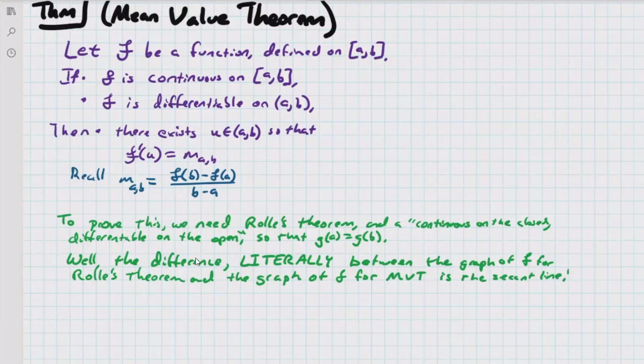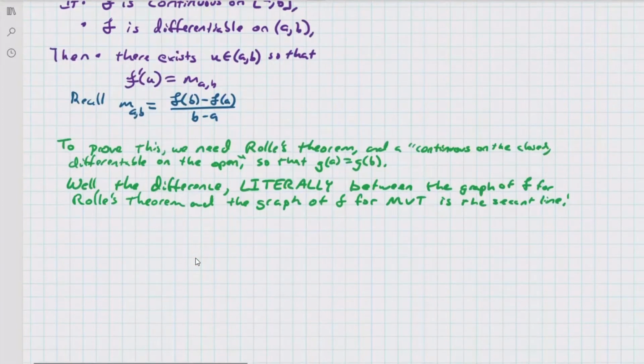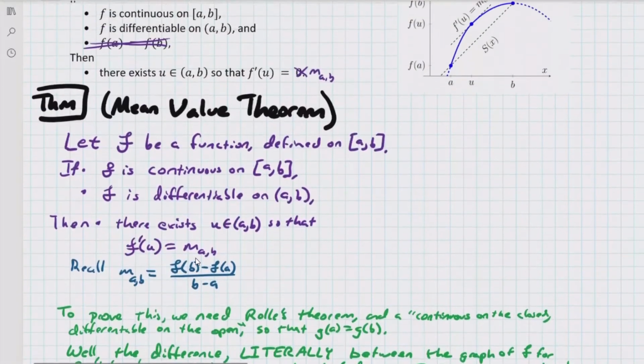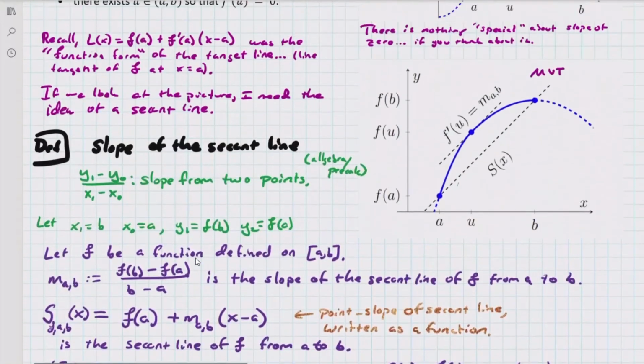Really? I mean that literally. If I take the secant line, right? Let g of x equal f of x minus s of x. Okay? Now, look at these lines. Look at these pictures here.